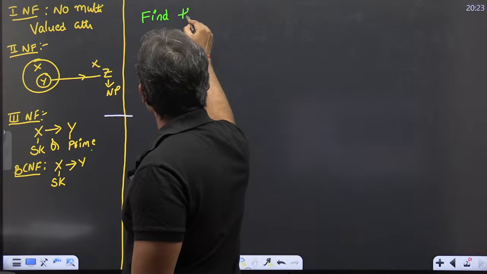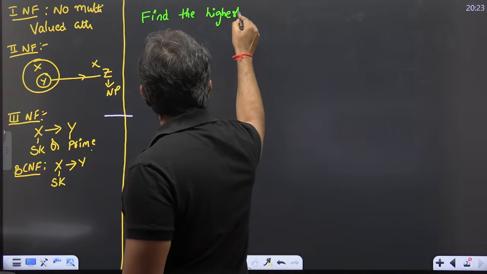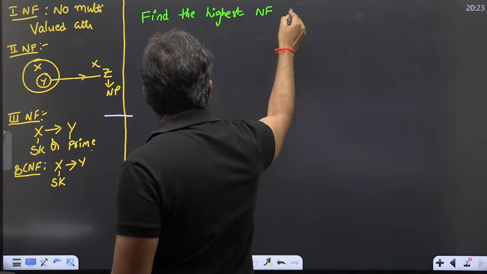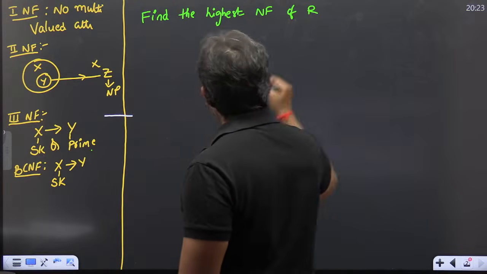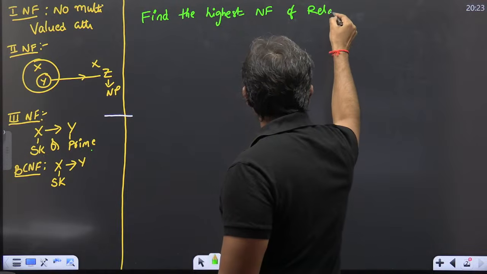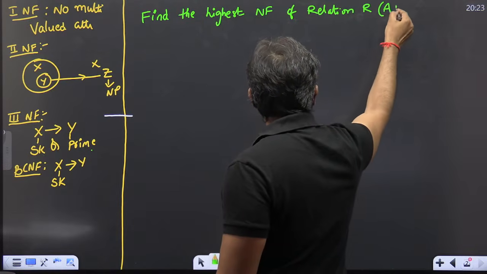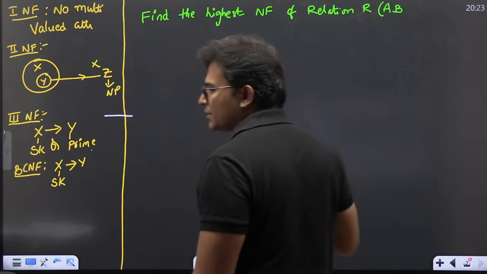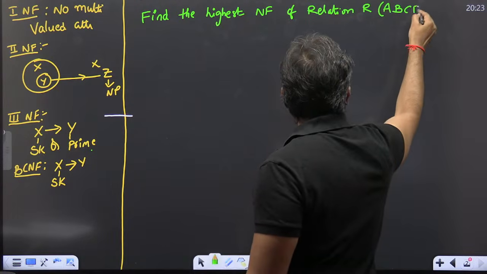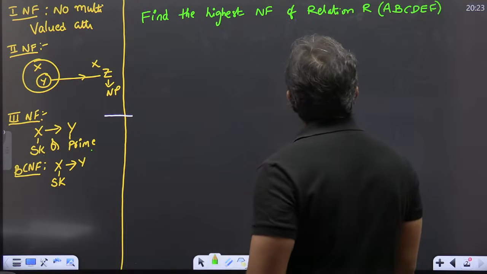Find the highest normal form of relation R, table R, both are same. Of relation R(A, B, C, D, E, F).